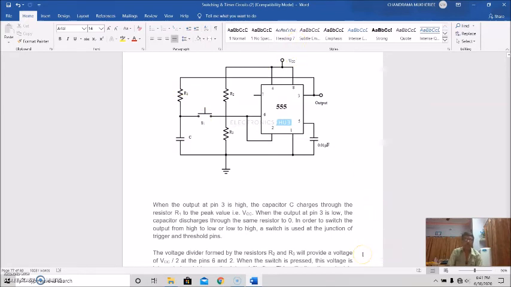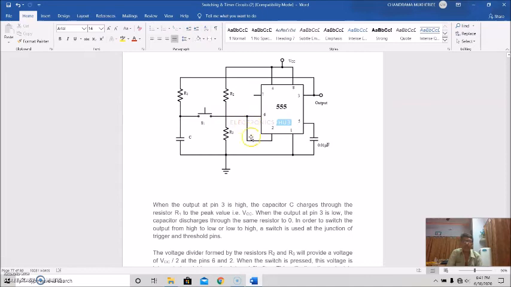When the output at pin 3 is low, the capacitor discharges through the resistor to 0. In order to switch the output from high to low or low to high, a switch is used at the junction of the trigger and the threshold.